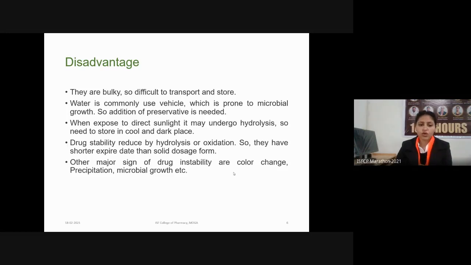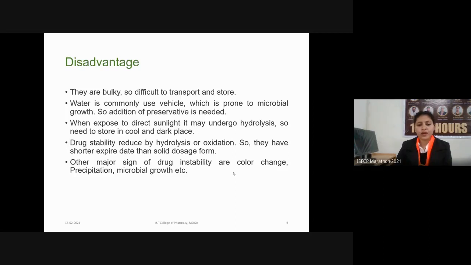That is the reason they have a shorter expiry date as compared to solid dosage forms. The other major signs of drug instability are change in color, precipitation, microbial growth, etc. These are the common instability problems of drugs seen in monophasic liquid dosage forms.